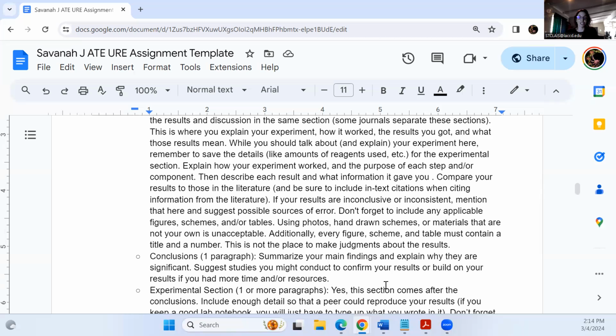Maybe your results actually raise more questions and you have ideas for further studies. Research runs on funding. So if you don't have any further questions or further studies, then there's really no reason to continue. So we always do try to think of new potential questions and new experiments that we could conduct.